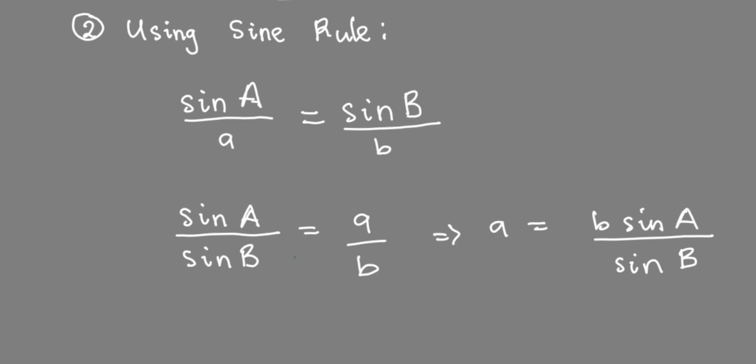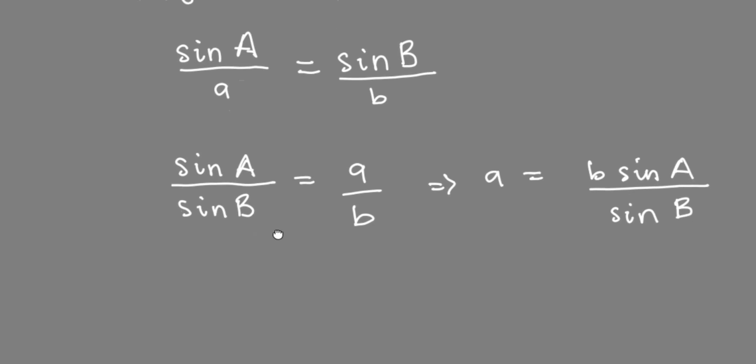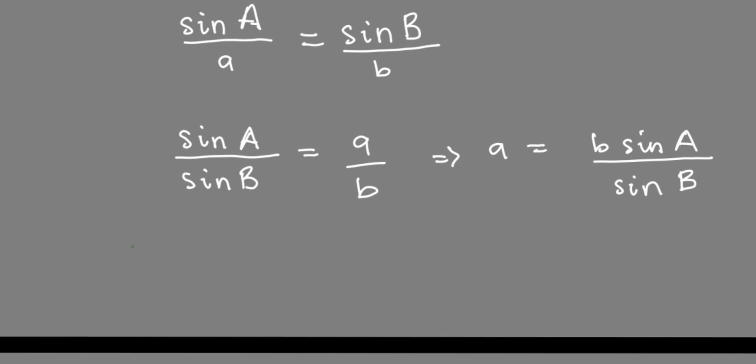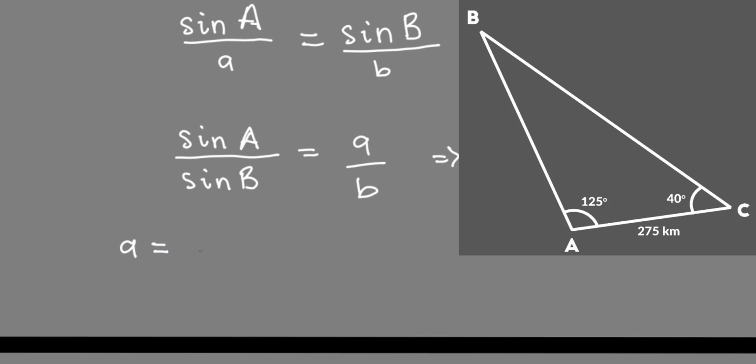Now what we do is just substitute. In place of b, we're going to put the actual value that's supposed to be there, which is 275. Sin A, the angle at A is 125. If you want, you can put some brackets there to just know it's an angle.